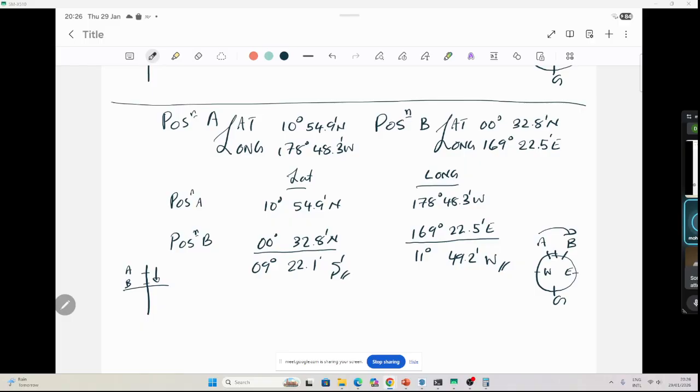Sir, excuse me, this latitude is coming 10 degrees 21.12, but sir has written 09. Maybe sir is correct, but mine is coming 10. You mean D-lat, right? Yes, sir. Let's do the calculation again.